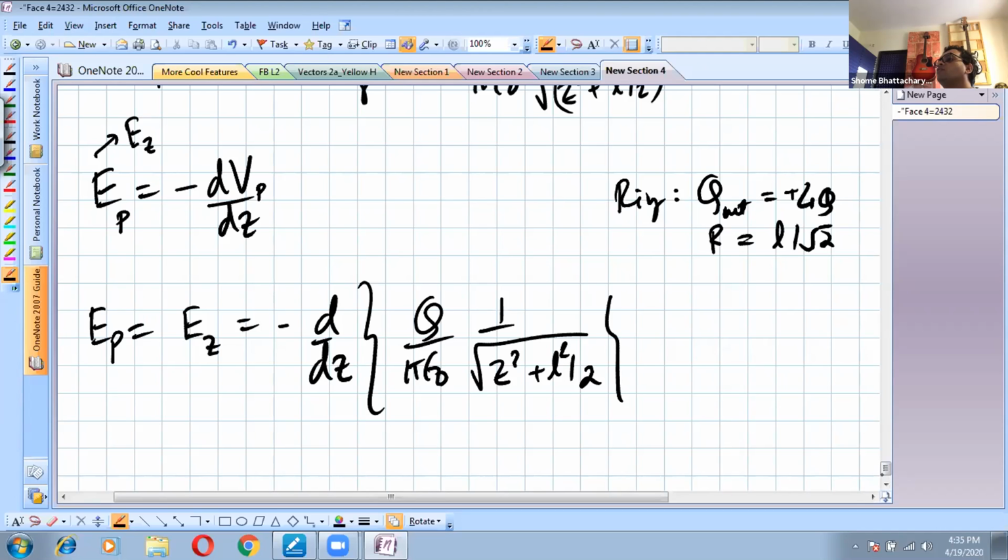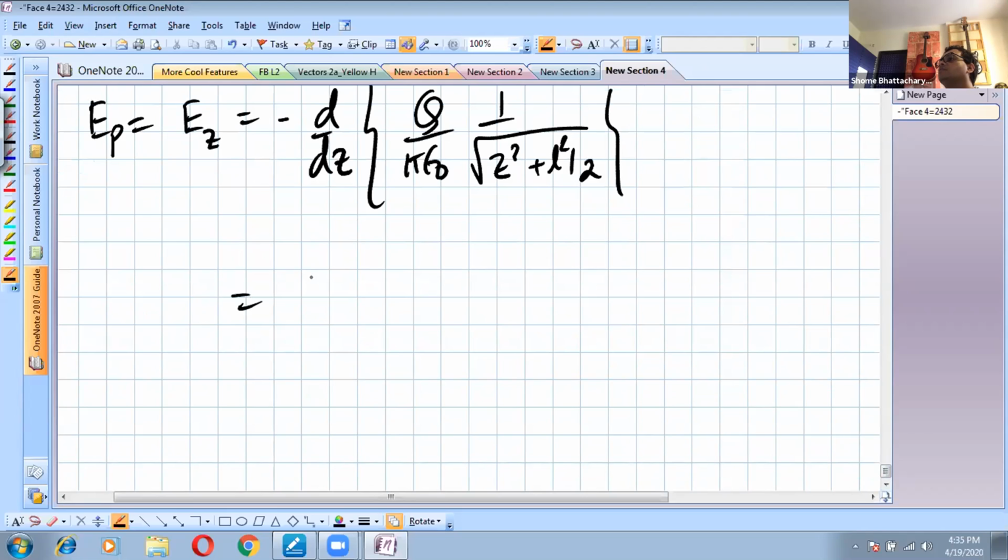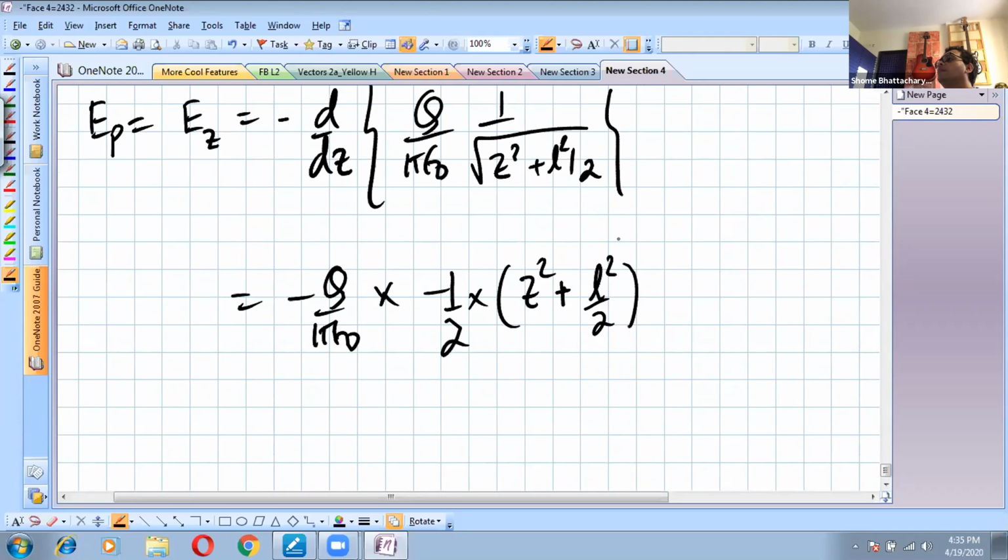So this is a very familiar formula. Okay, so as you can see, this will become Q by pi epsilon naught into minus half into z square plus r square, which is basically L square by 2 over here, to the power minus 3 by 2 into 2z.